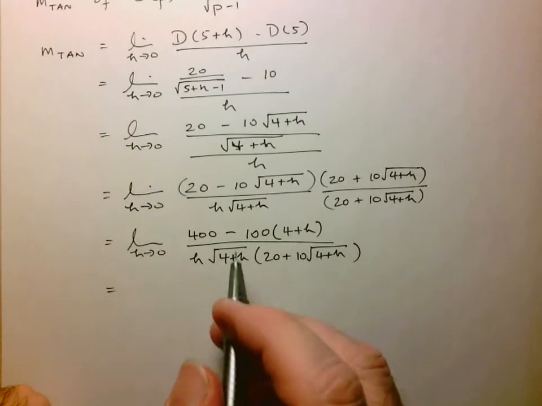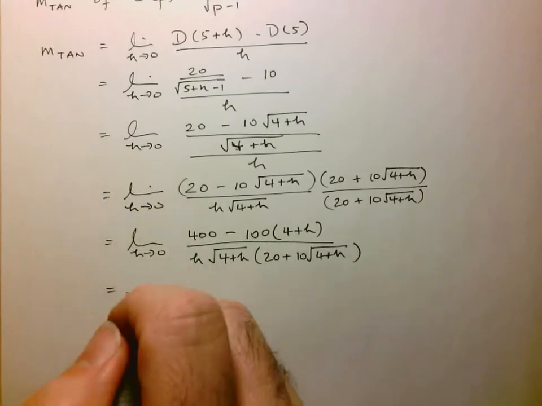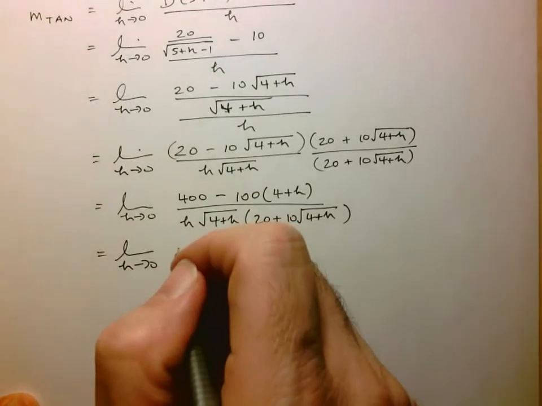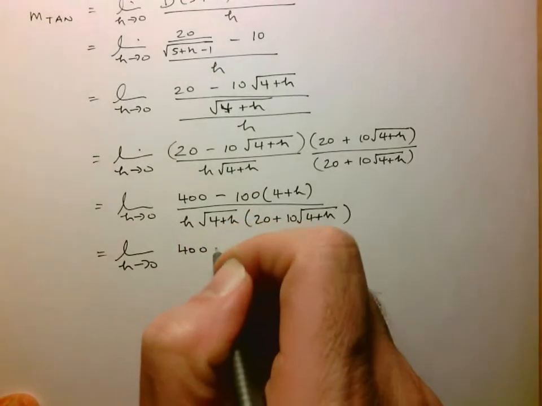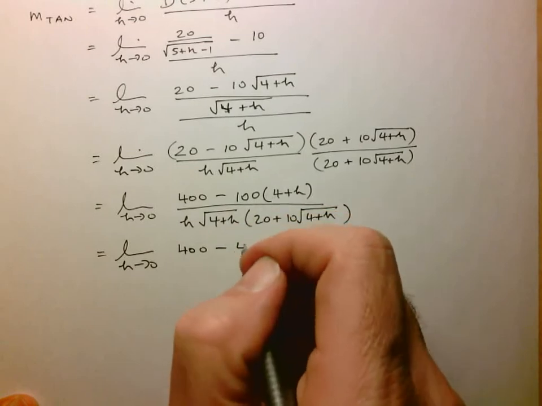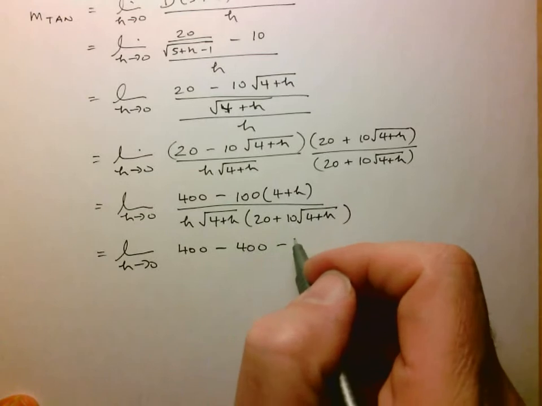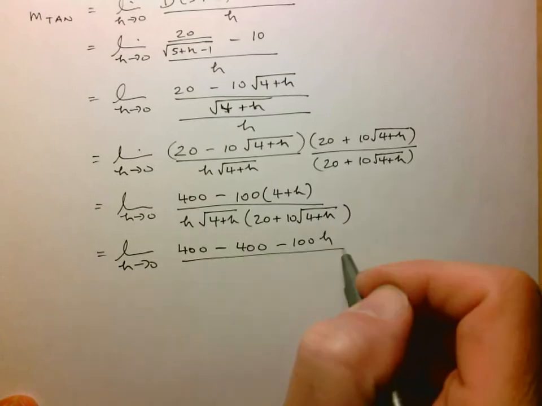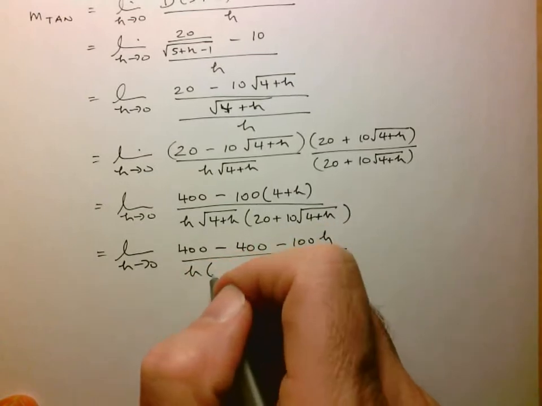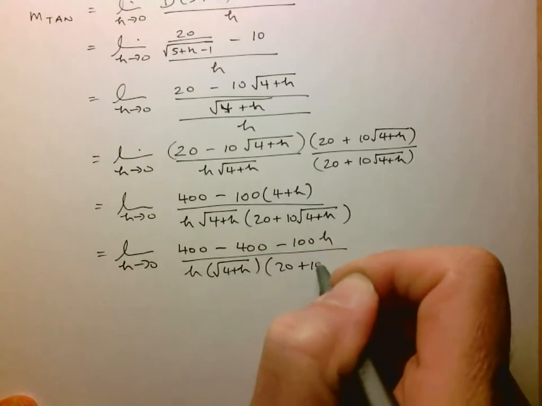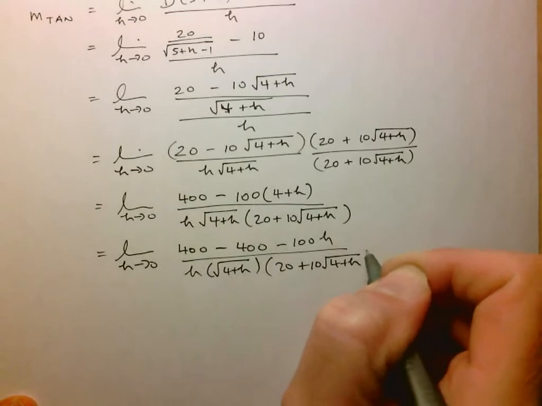Now let's see if we can simplify the numerator, and hopefully you're seeing that some nice stuff is going to happen here. We have 400 minus 100 times 4 is 400, and then of course minus 100 times h, so minus 100h, over h times square root of 4 plus h times 20 plus 10 square root of 4 plus h.